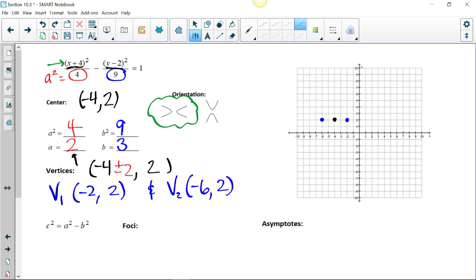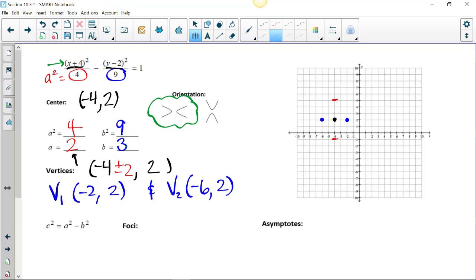Okay, looks good. All right, now I need to go the other direction. I go the other direction 3 units. I go 3 up, 3 down to find the endpoints of the conjugate axis. So 3 up from the center, 1, 2, 3, and 3 down, 1, 2, 3.